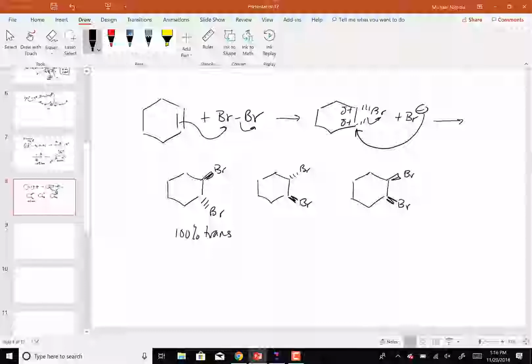Because if I add cis or trans and I end up with the same product, I can't be selective. Same thing's true for adding Markovnikov, opposite of Markovnikov. If I only get one product, can't be selective there either. So in this case, I've got 0% of the cis, but the question is, are those two different products? Yes or no?